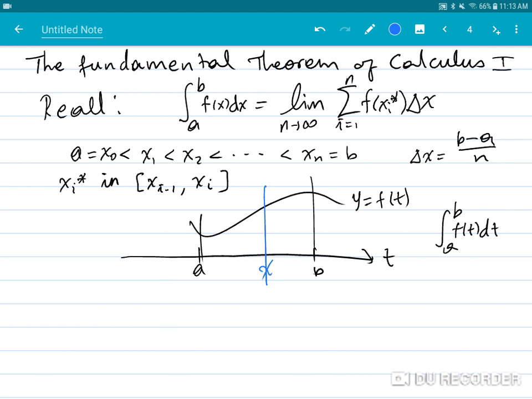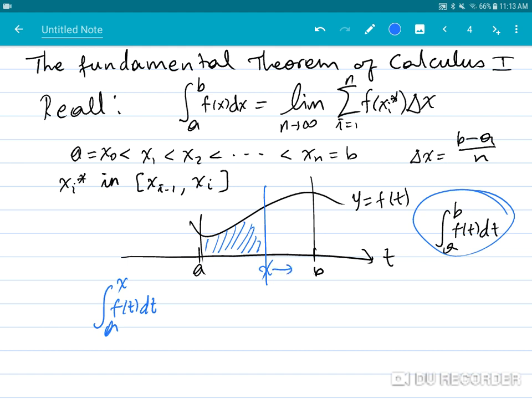And instead of calculating this whole integral, let's say we calculate the integral from a to x of f of t dt. In the continuous function case, above the x-axis, the integral from a to x gives us this area.